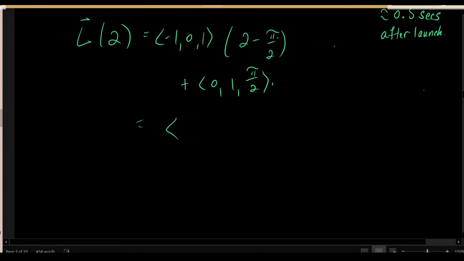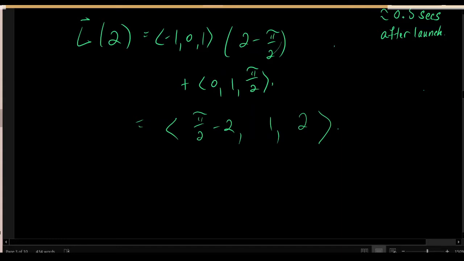So negative 1 times this scalar will flip the signs. 0 will kill this scalar, and then I have 1 from the other vector. And then I have 2 minus pi over 2, plus pi over 2. But that can be simplified simply to 2. And so I'm left with this number.